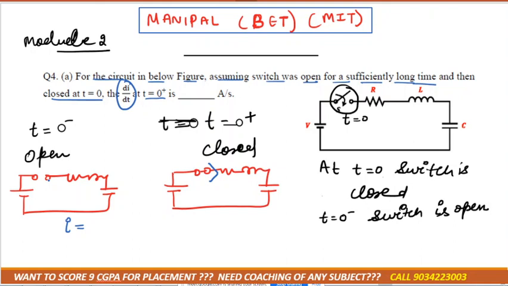Tell me. At t equal to 0 the switch is charged or discharged? At t equal to 0 the switch is closed, right?